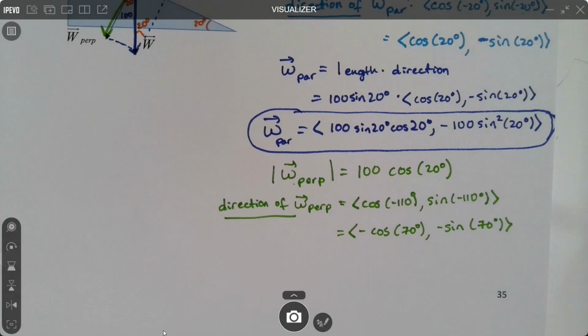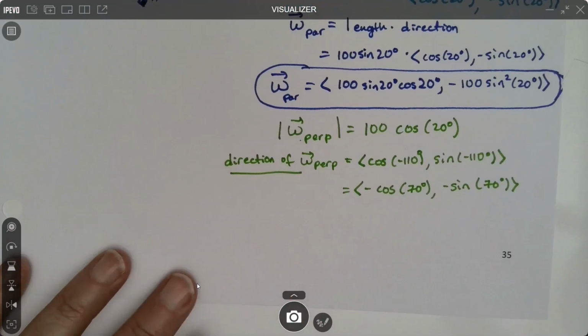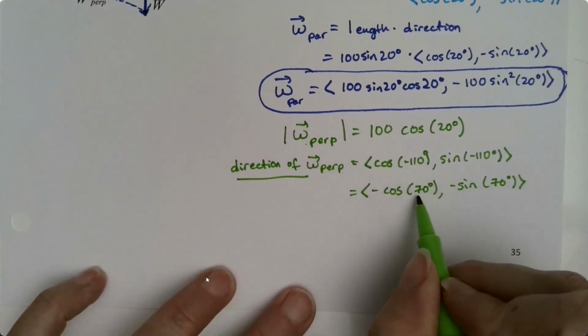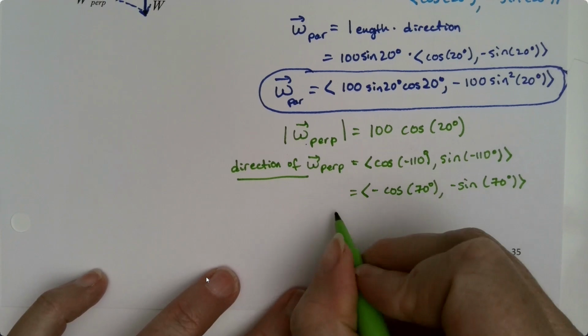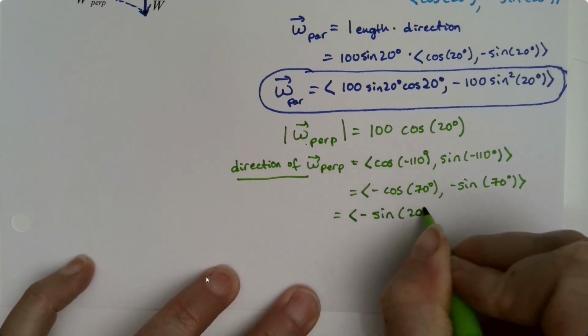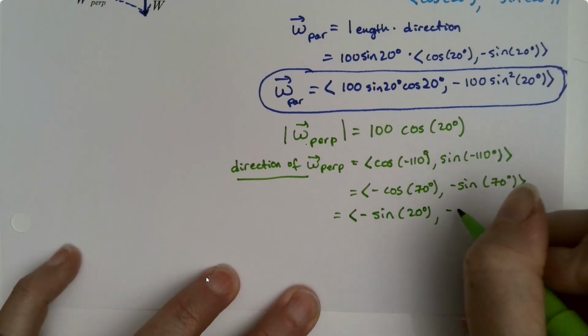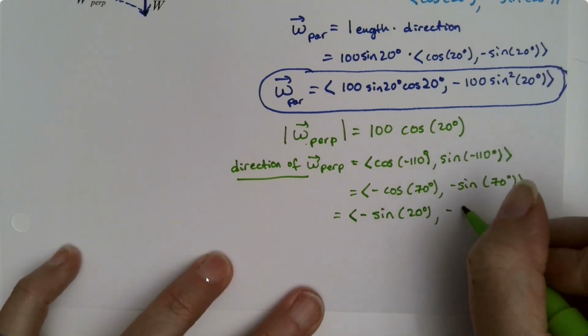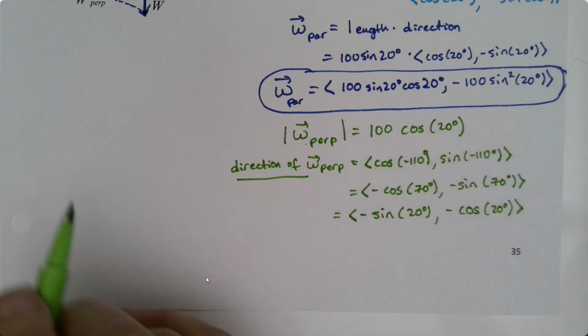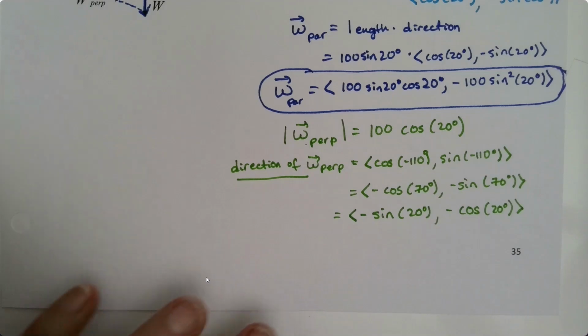But now we're going to use that cofunction identity because it's going to help us. So 90 take away 20 is 70. So this is the same thing as negative sine of 20 degrees, and then negative cosine of 20 degrees. Hello, cofunction identity!